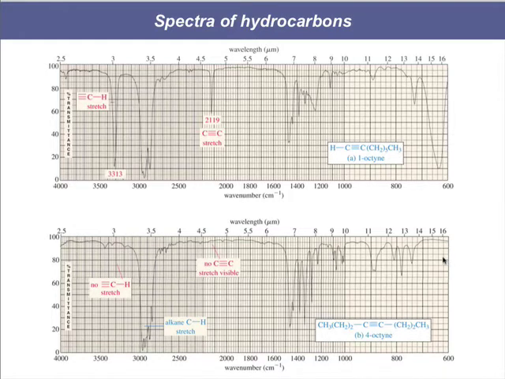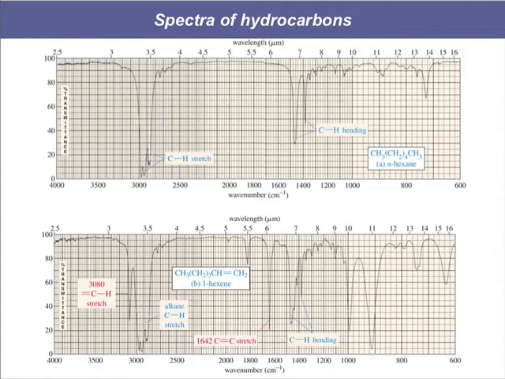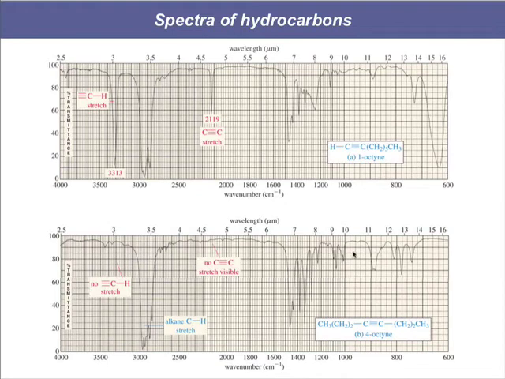If you pay close attention, you will see that the fingerprint region does look quite different. Here's the fingerprint region for 4-octyne. We can compare that to the fingerprint region for hexane. It's quite different. Here's hexane. Here's 4-octyne.